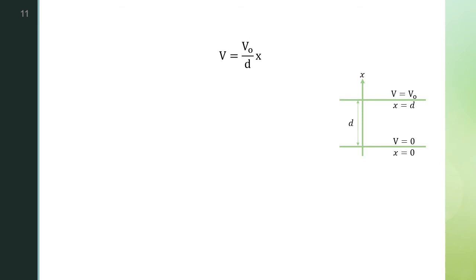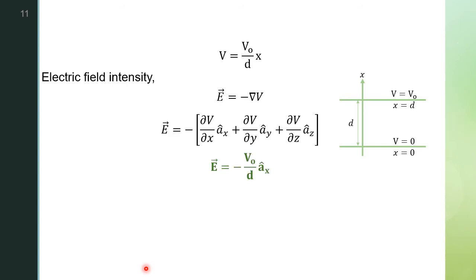So now we got V equal to V0 by d into x, the function of potential. Now to find electric field intensity, we'll use the expression E equal to minus del V. Since it is in Cartesian coordinate system and potential is only a function of x, the gradient is minus ∂V/∂x ax cap plus ∂V/∂y ay cap plus ∂V/∂z az cap.